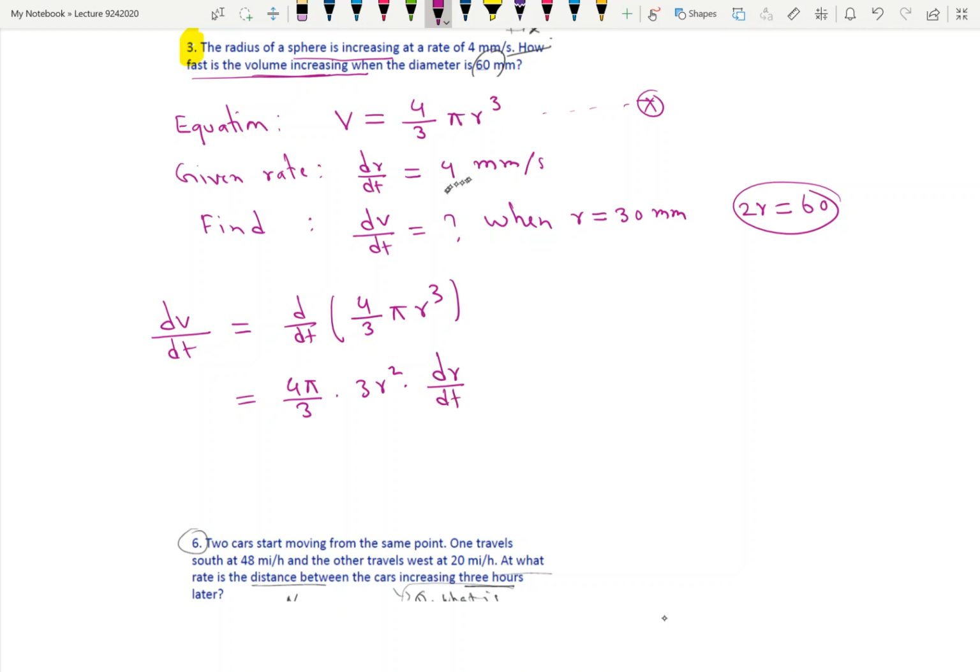Now plug in that information. So 4 pi, we can cancel this 3. So 4 pi times, what is r? r is 30. So 30 squared, and dr over dt is 4.